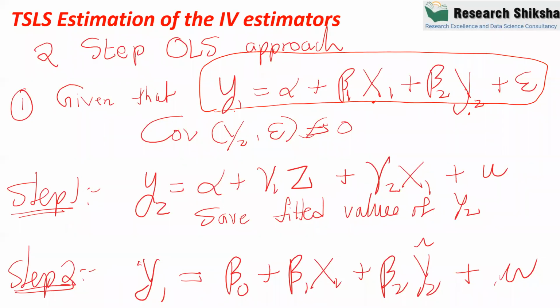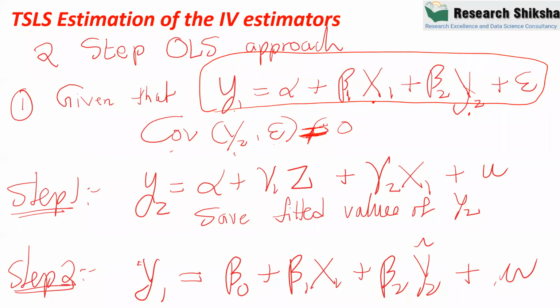Y2 is found to have correlation with the error term, so I put y2, not x2, to represent that this variable is creating a problem of endogeneity biasness in the regression model, and because of that the correlation between y2 and the error term is not equal to 0. This covariance or correlation between y2 and the error term not being equal to 0 is known as endogeneity biasness.